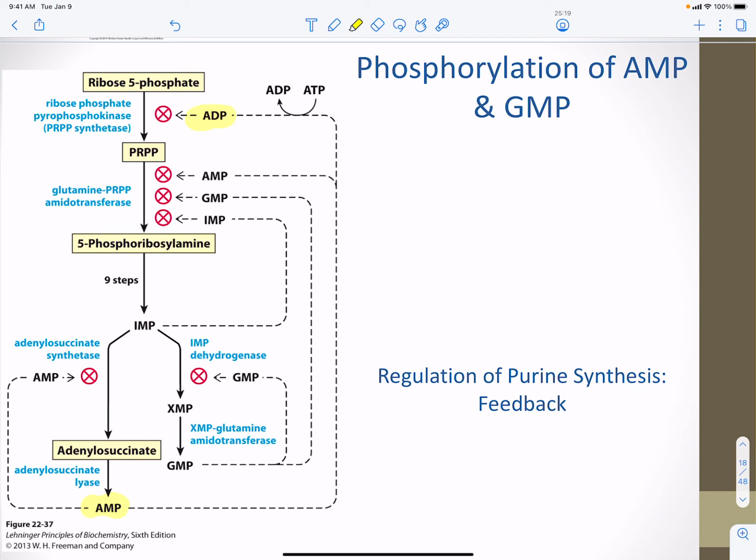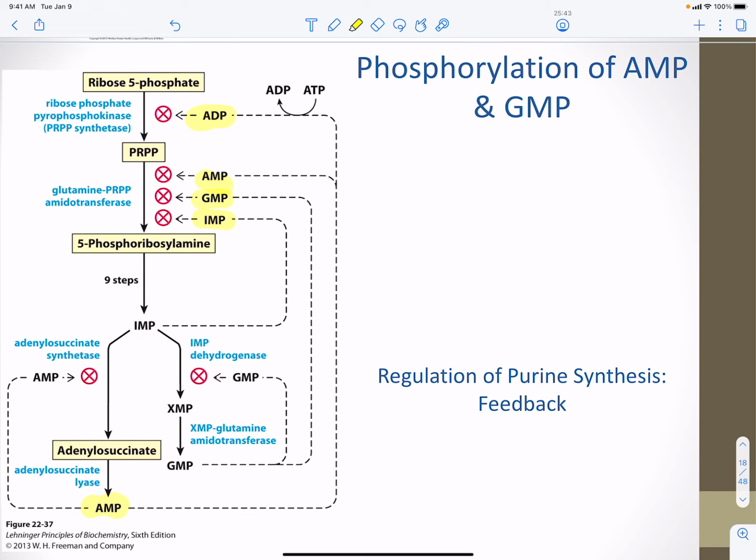And then you have other downstream steps that are regulated. You have the next step, the aminotransferase, which is bringing in that glutamine. And this is regulated by all of them, AMP, GMP, IMP. So if there is an increase in any of those substrates, that will prevent more purines from being made.